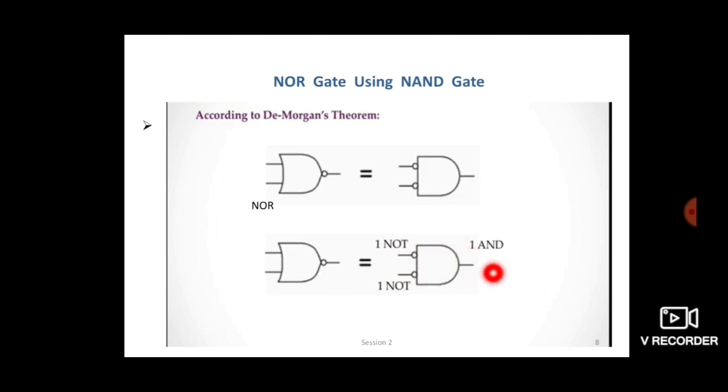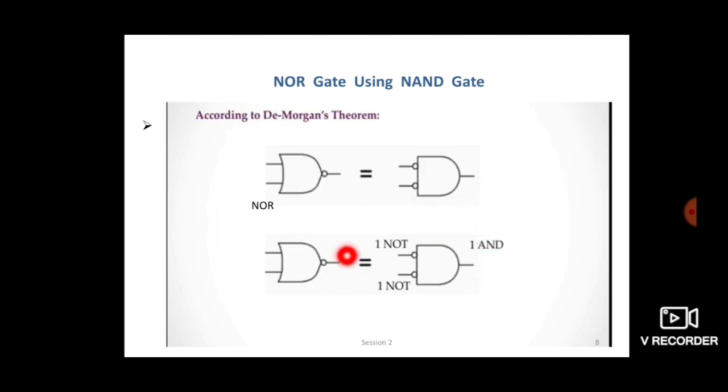Forget the bubble now; the remaining part is similar to an AND gate. So two NOT gates and one AND gate are equivalent to a NOR gate.